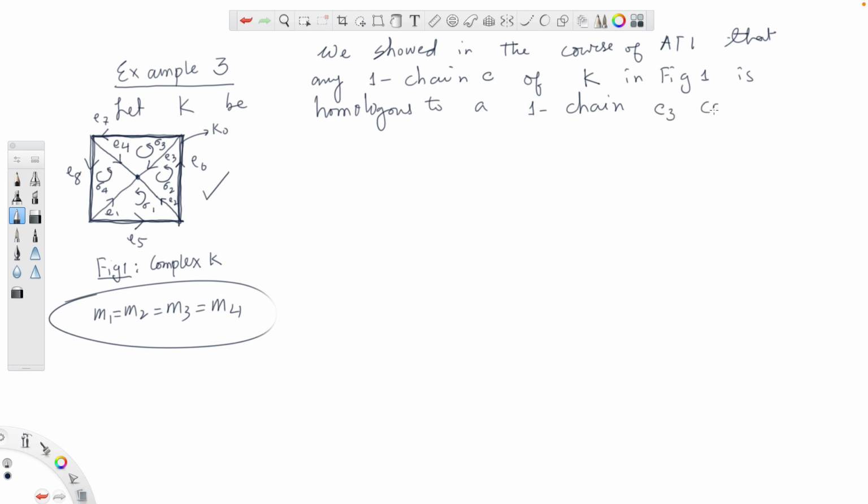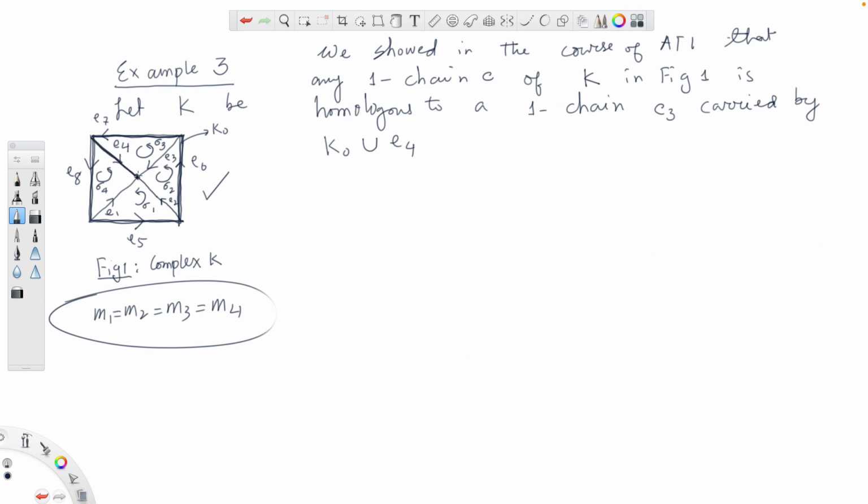carried by the subcomplex K0 union E4, this one simplex.